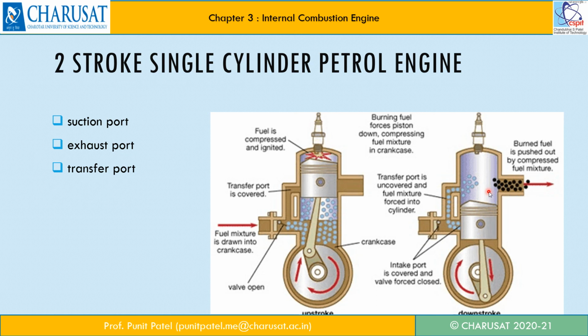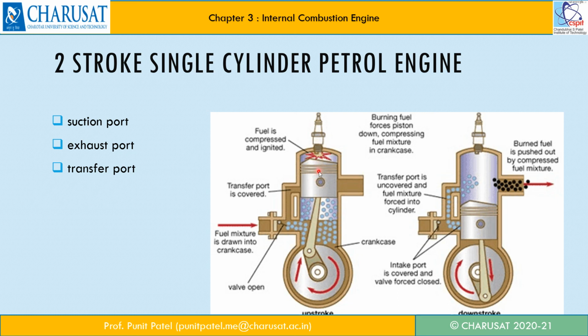After this particular video, I will show an animation of how the two-stroke single-cylinder petrol engine works, so you might understand more about it. Clear? In simple words, when the piston is at top dead center, the fuel mixture is filled inside the crankcase.